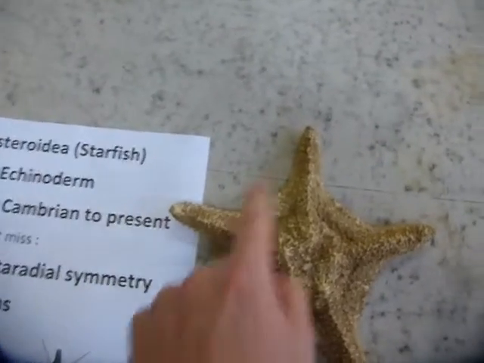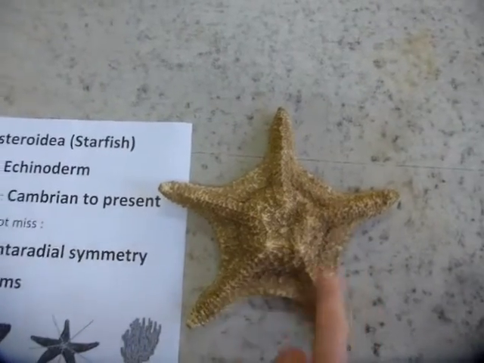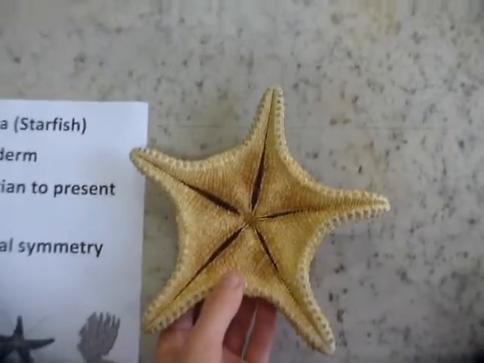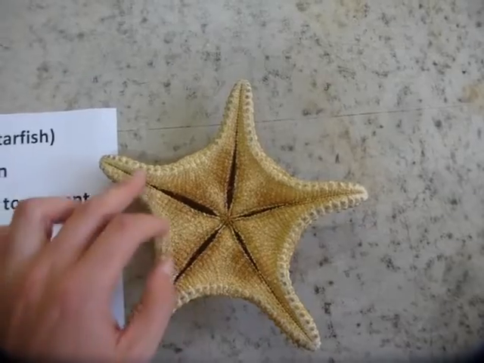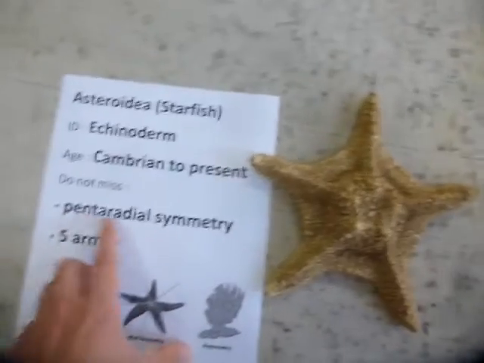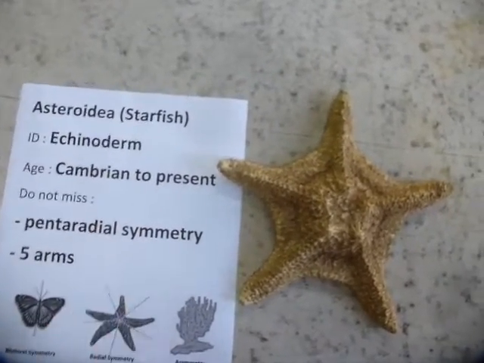So here you can see the 5 branches of the starfish. It's 5 times the same part of the organism. And same thing if you look at the bottom, you can see it's 1, 2, 3, 4, 5 times the same type of organization. So pentaradiate means 5 times encircle the same thing.